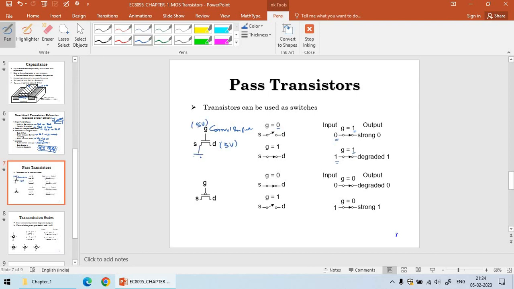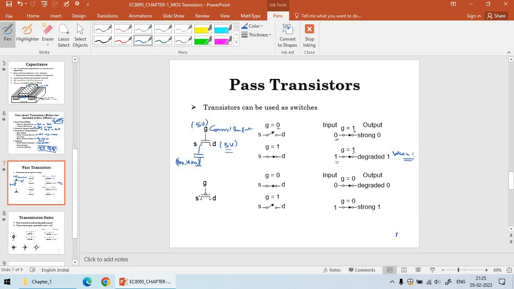The source could go up to VDD minus VTN, so that it can operate in saturation or in cutoff region. So this is the limit it can go. So if that is the case, my 5 volts which has been given at the input, or at the drain terminal, is going to be reduced by VDD minus VTN. So when you cascade the connection, you will get degraded logic 1 or weak 1. So that is the logic here.